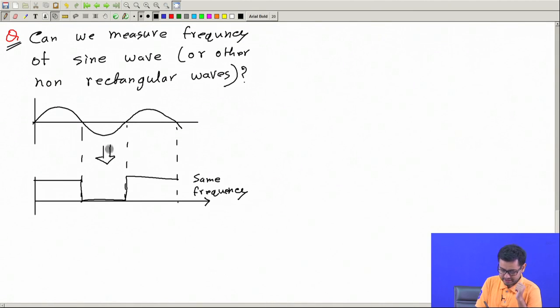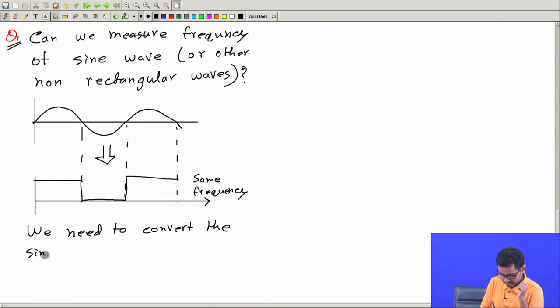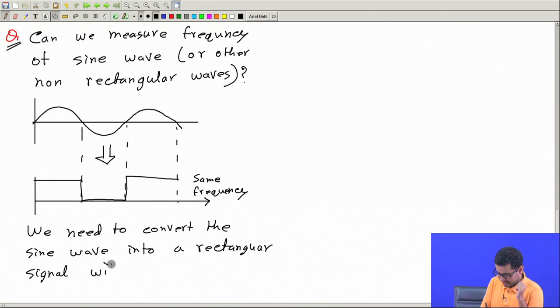Now the question is how to convert a sine wave into a rectangular wave with the same frequency.